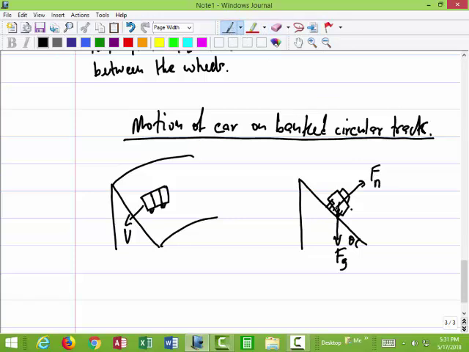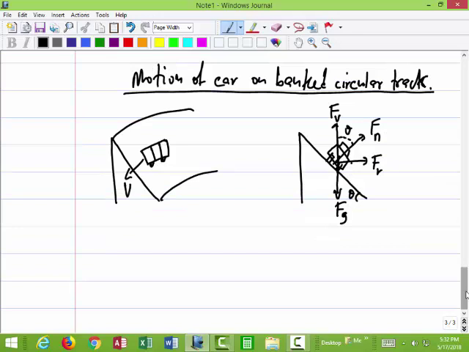And then we shall have the radial component of the support force and the vertical component of the support force that way. So this angle is theta. So our angle here is also theta, like that. So we've identified the various forces on a vehicle on a banked circular track, which is banked at an angle of theta.